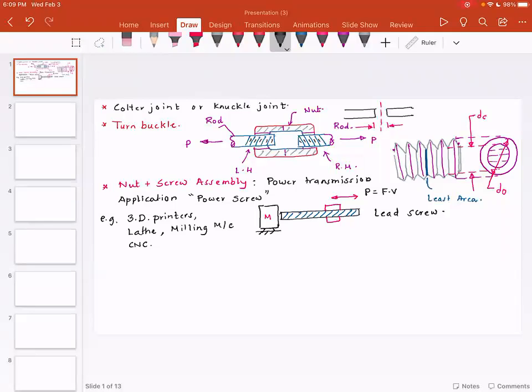Now, there is another example I want to talk about briefly before we actually look at the theory of power screw. I want you to think about the screw jack.